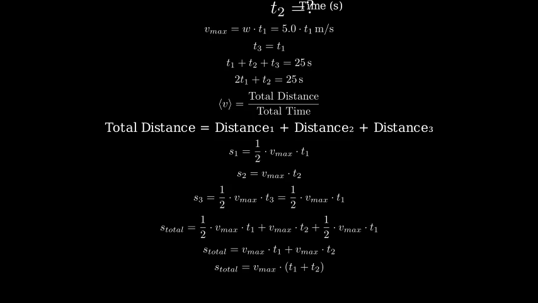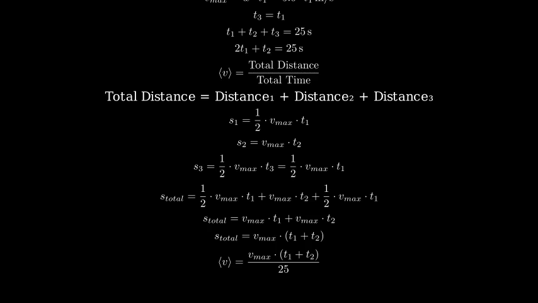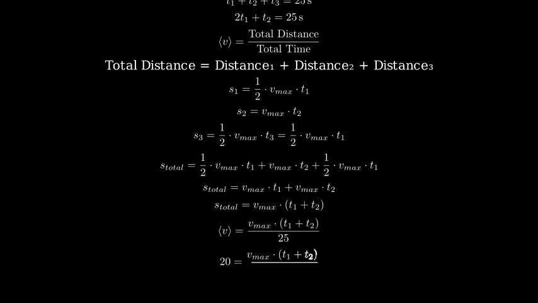Now, we can calculate the average velocity. Average velocity equals total distance divided by total time, v_max times (t_1 plus t_2) divided by 25 seconds. We're told that the average velocity is 20 meters per second, so 20 equals v_max times (t_1 plus t_2) divided by 25.